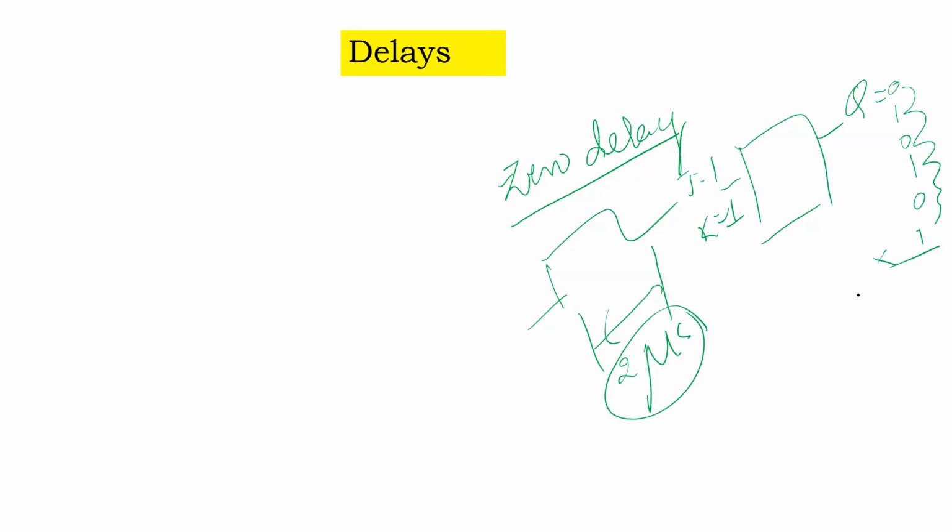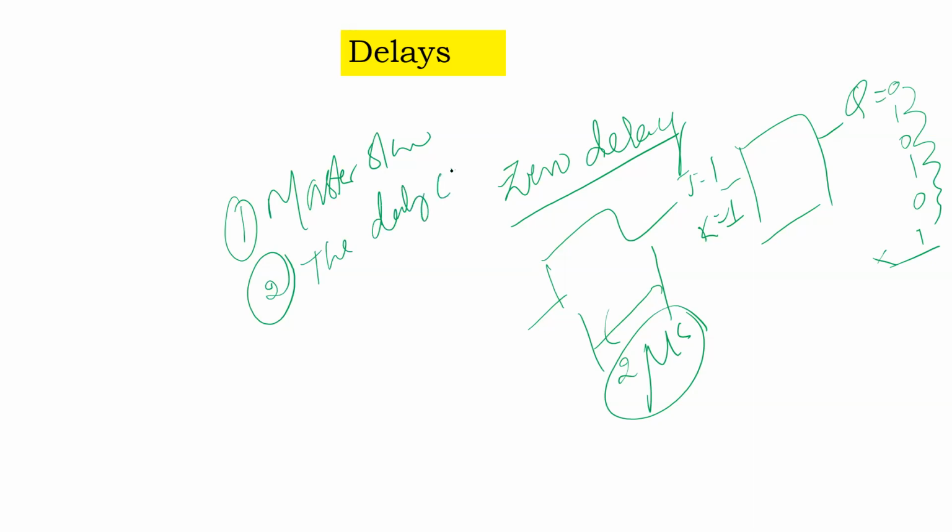To avoid this issue of the JK flip-flop, I think we have two solutions. One is the master slave, and the second one is the delay of the clock, delay of the circuit, or the clock pulse should be less.